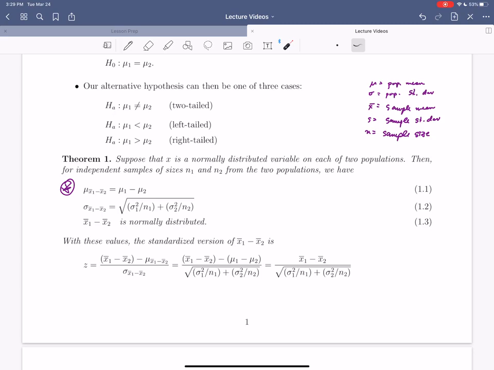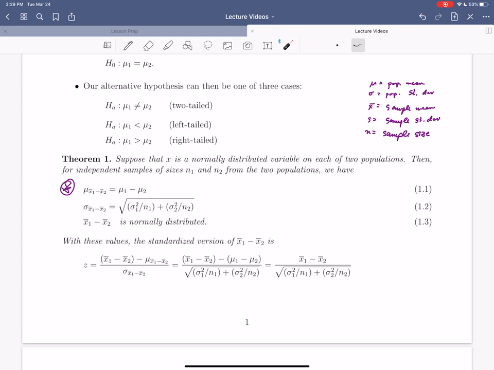We take the square root of the whole thing, where n1 and n2 are the sample sizes of the first and second populations. With that, we can find the standardized version, which is where you use the population standard deviations. Standardized means that we know the population standard deviation. So that's the standardized version.